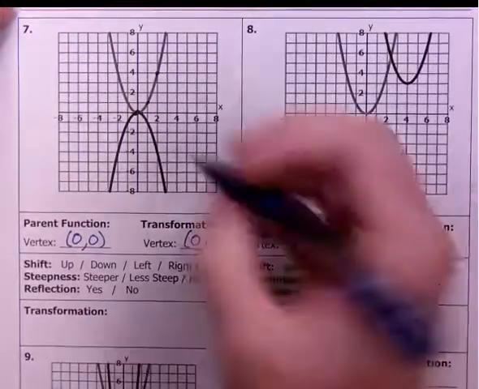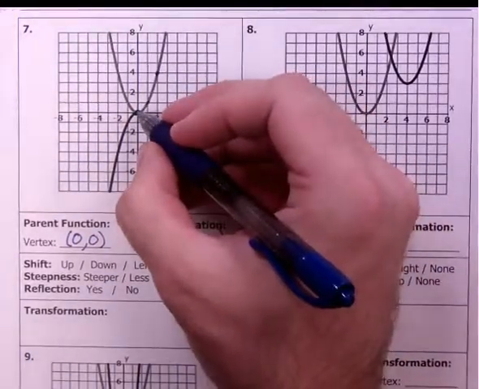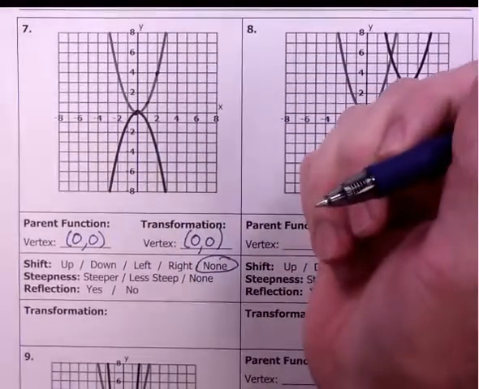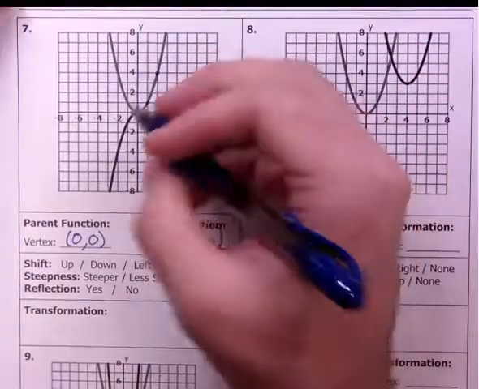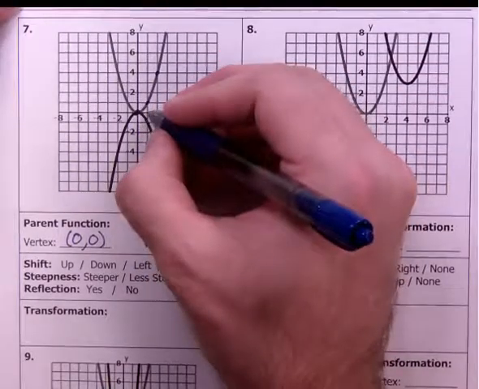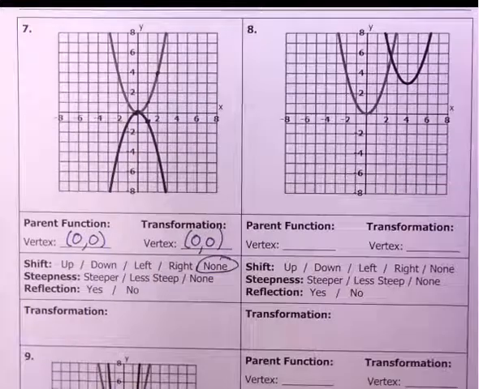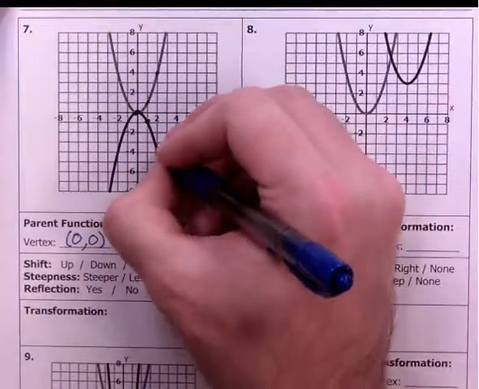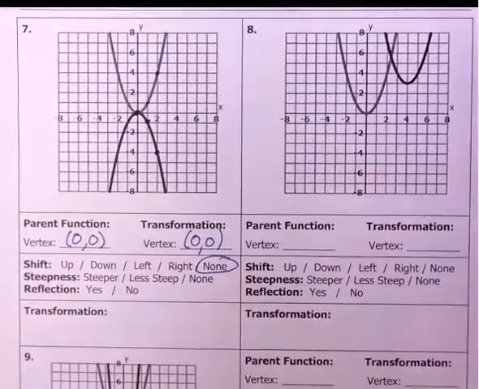Now when it comes to steepness, this one was 0, 0, 1, 1, 2, 4. Now we're going to look at those same patterns, but we're going to kind of look at them upside down. So if this is 0, 0, if I go over 1 and down 1, am I still on the line? Yes. If I go over 2 and down 4, am I still on the line? Yes. So it still has the same steepness.